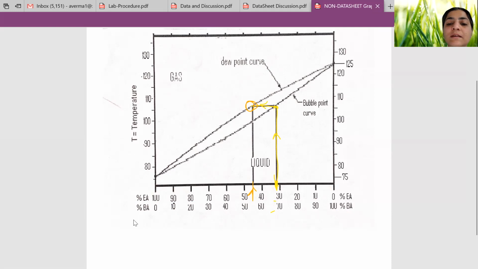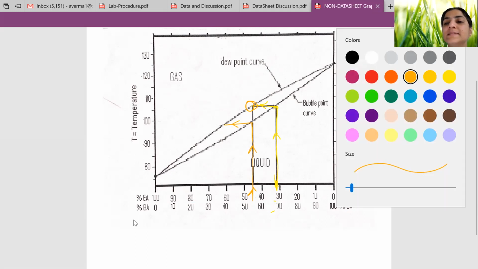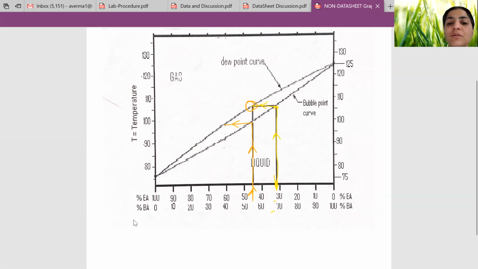And we see that this is the composition at this point. We now heat or evaporate this particular collected material again, cool it, and see the new composition that is collected for this new vapor.